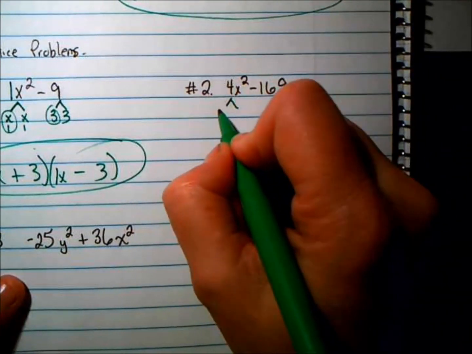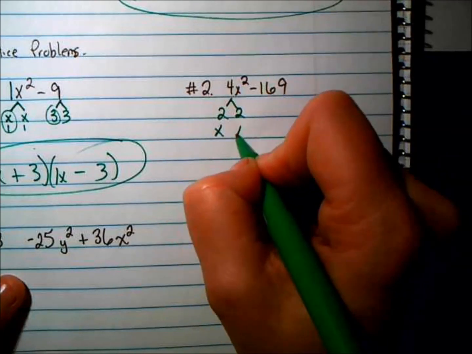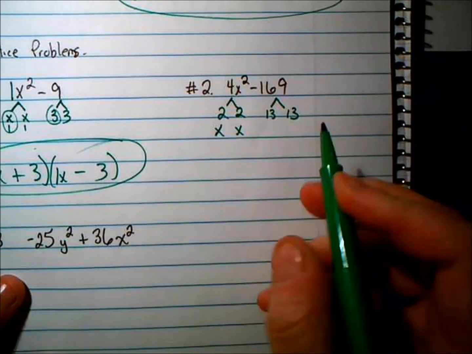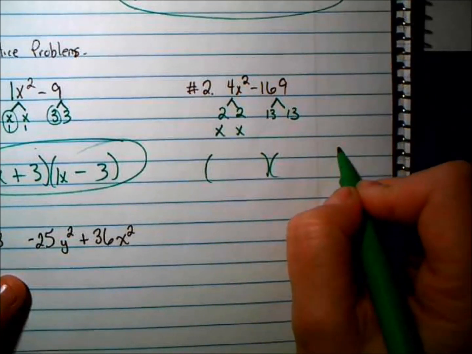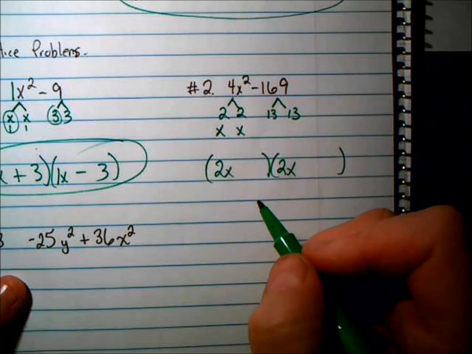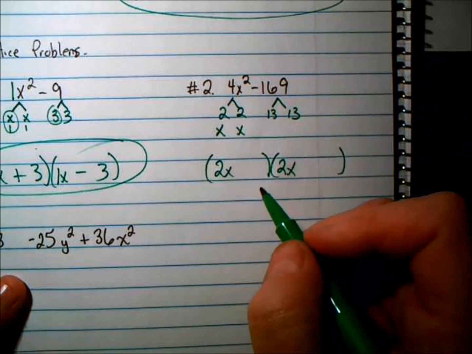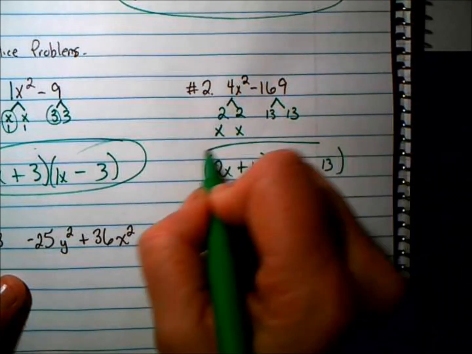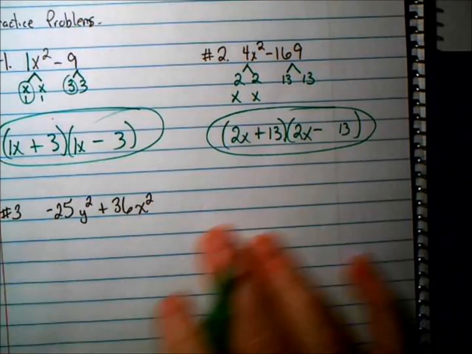On number 2, they split into a pair of 2's as well as a pair of x's. 169 splits into 13's. That'll give me a 2x on each binomial, and then I have 13 on each one. First one's a plus sign, second one's a subtract sign, and there's your answer.